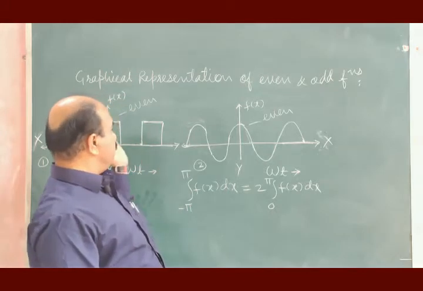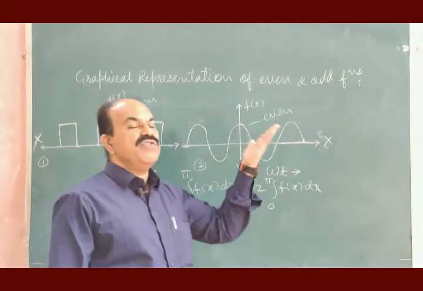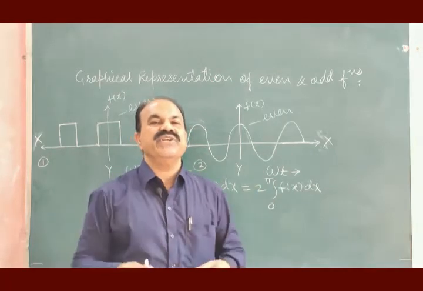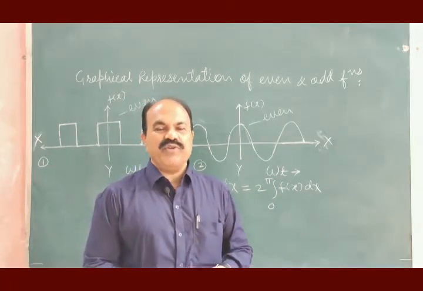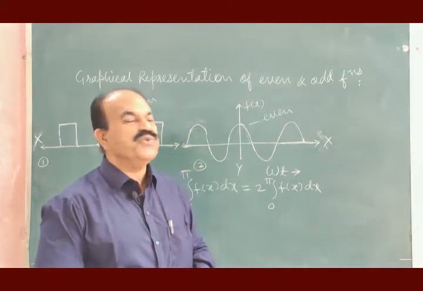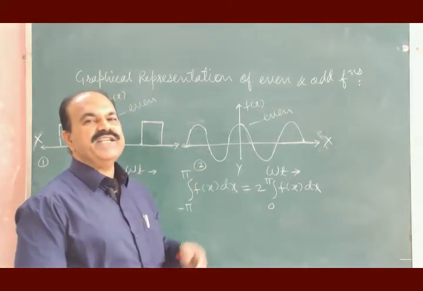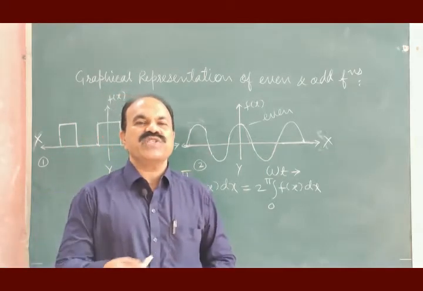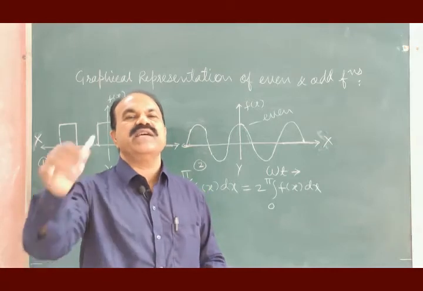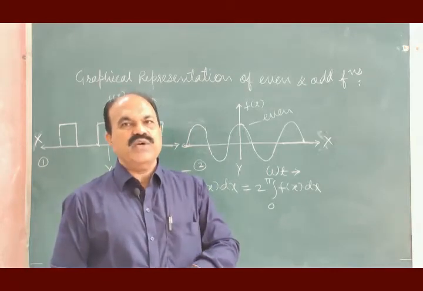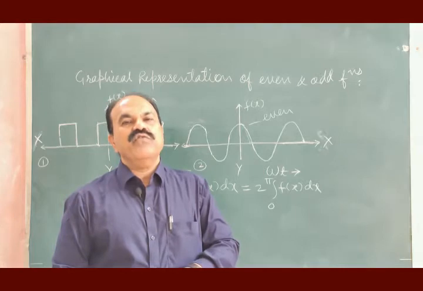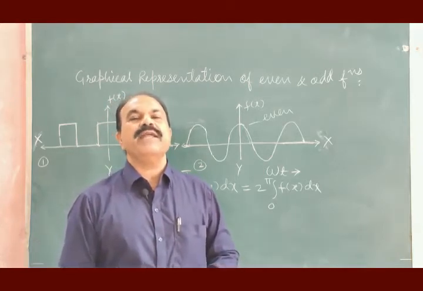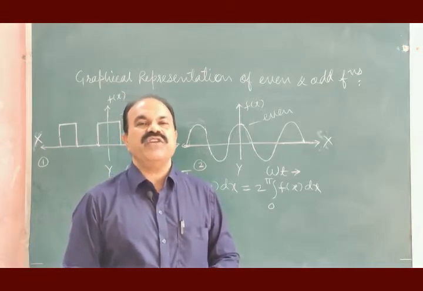Let us suppose that this even function is represented in terms of Fourier series. What Fourier series is to be used to represent this function? For even functions, we use cosine Fourier series for its representation. That is, we have to use Fourier cosine series or cosine Fourier series for representation of even functions.